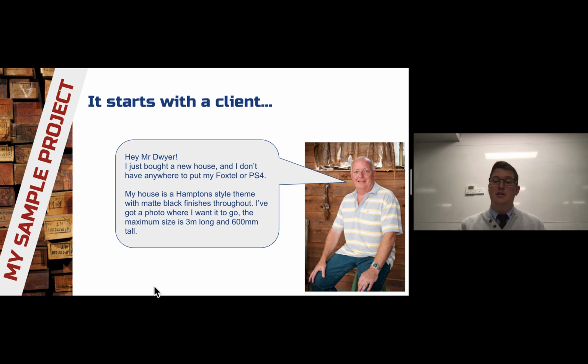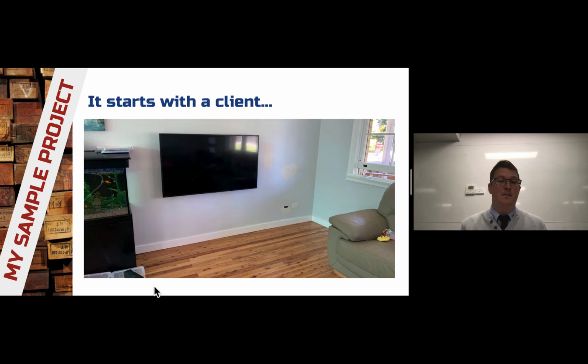Based on what that client has given me and this photo here, I now have a bit of an idea of what I need to make. I need to make some sort of timber product, furniture item, to fill this void underneath the TV. I know from what the client's told me that they've got a 3 meter length space available, and it's about 600 millimeters tall between the floor and the TV.